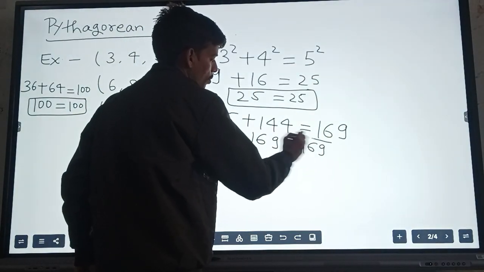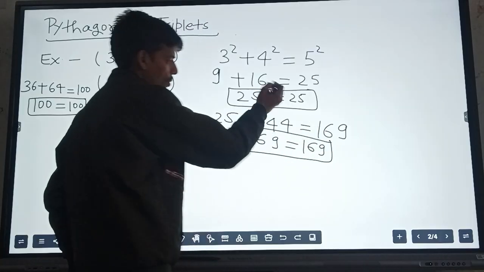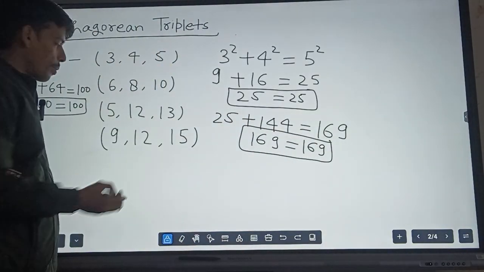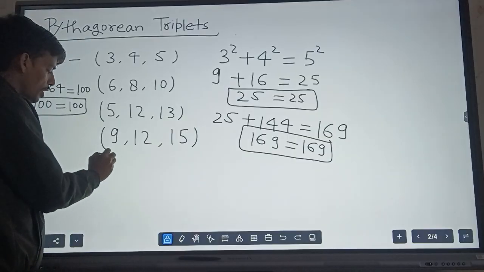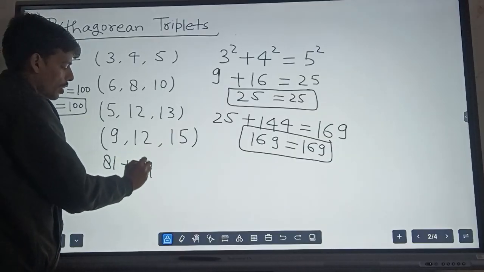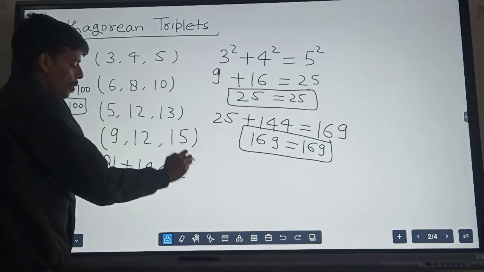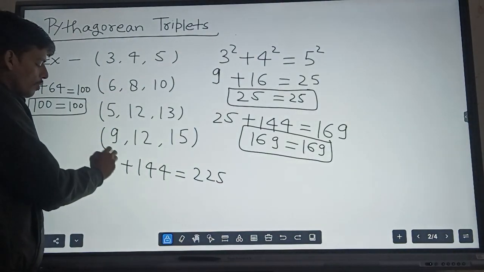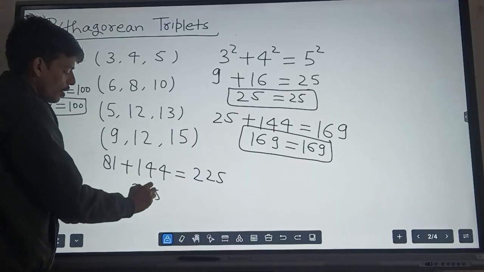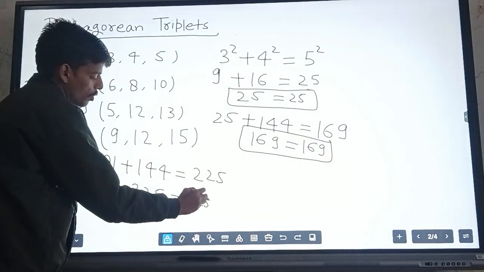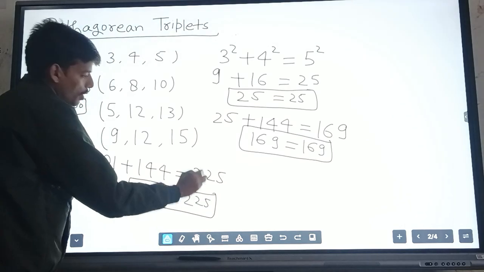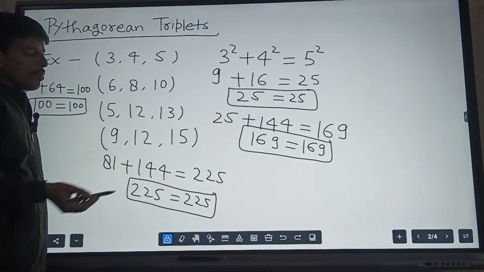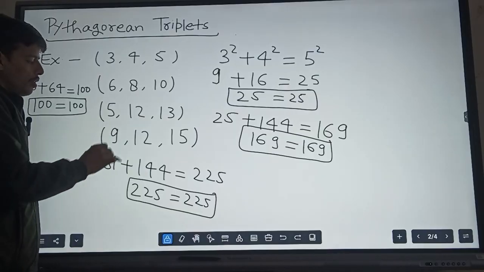So it follows Pythagoras theorem and it is a Pythagorean triplet. Similarly 9, 12 and 15. 9 square 81 plus 12 square 144 equal to 15 square 225. 81 plus 144 equal to 225. Similarly, many numbers that follow Pythagoras theorem are known as Pythagorean triplets.